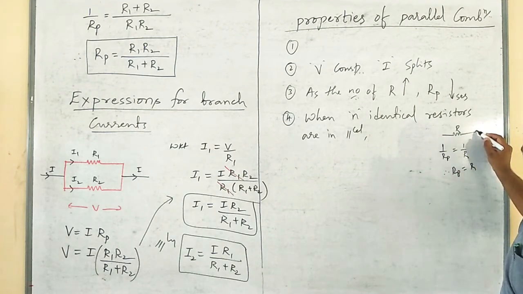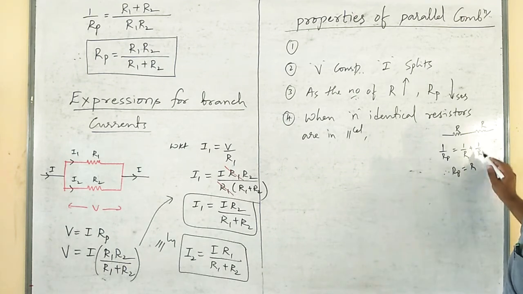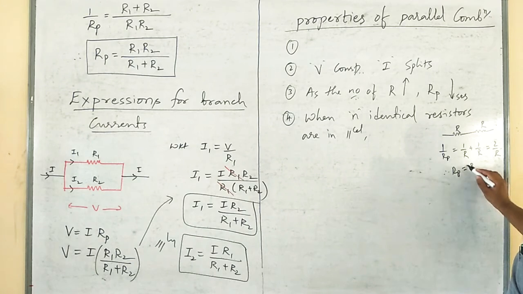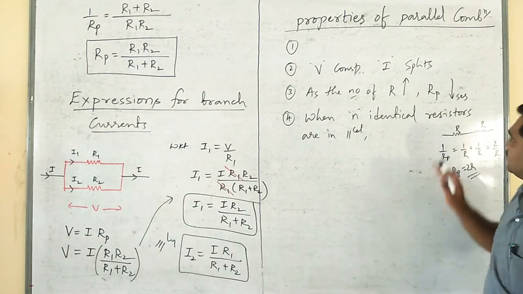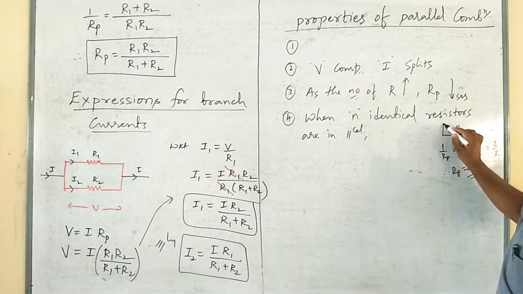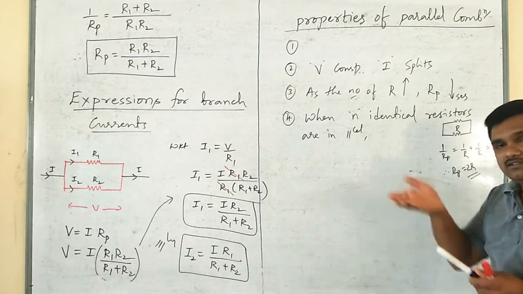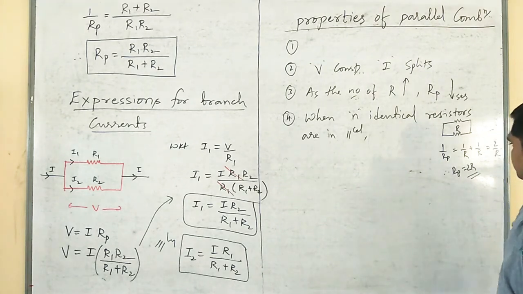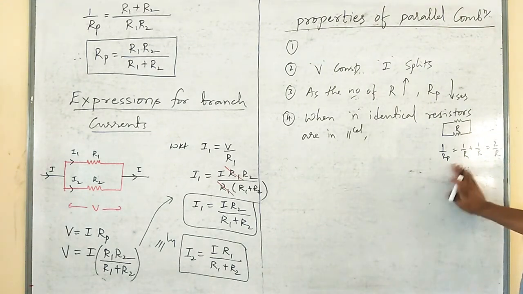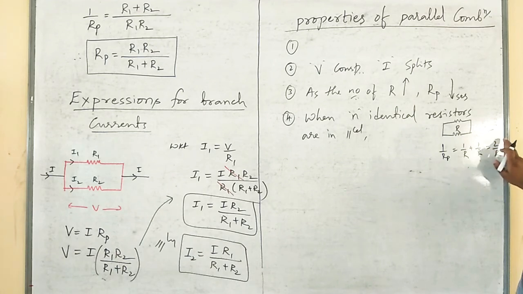Suppose if I join two resistors, then it becomes 1 by R plus 1 by R, which is nothing but 2 by R. Next, if I add one more resistor, then it becomes 1 by R, 1 by R, 1 by R.